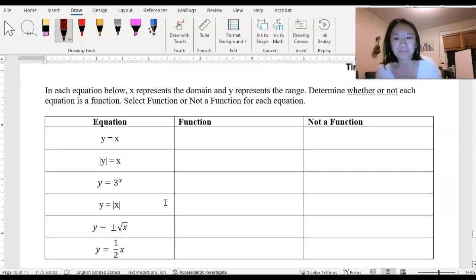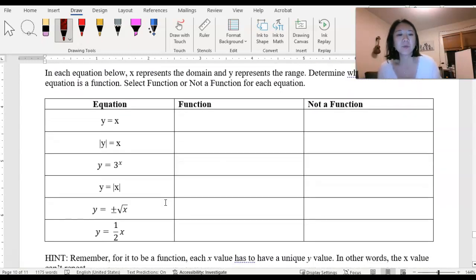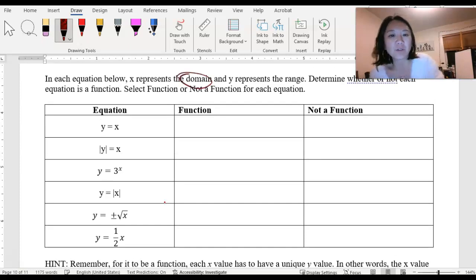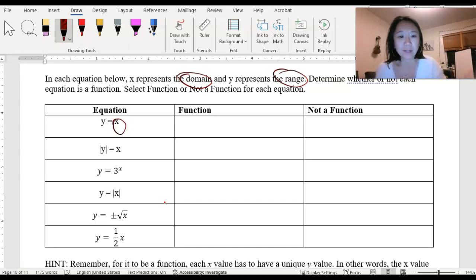All right, this last one is reviewing functions. And so if x is the domain or the input and y is the range or the output, is it a function or not? So if I were to put in any number for x, 1, 2, 3, 4, 5, -1, I will get exactly one output, right? If I put in 2, then y equals 2. If I put in 3, then y equals 3. This one is a little bit tricky. If I put in 1 here for x, what are my possible outputs for this y?